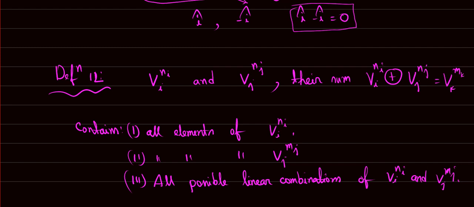So this is the definition of the sum of two vector subspaces.